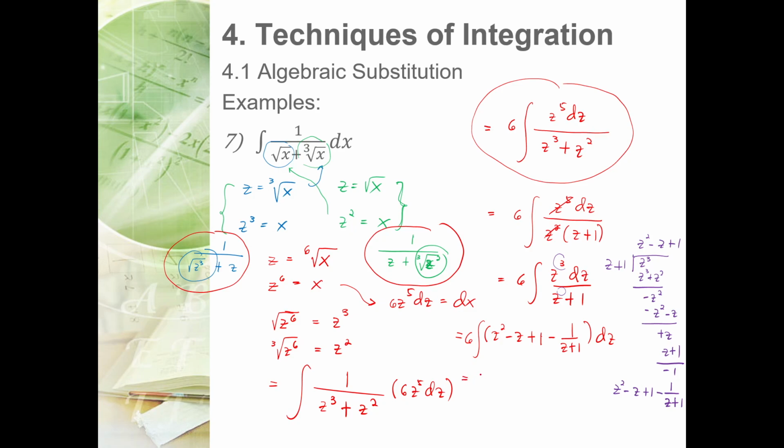So integrating, we have 6z cubed all over 3 minus 6z squared over 2 plus 6z minus 6 ln of z plus 1 plus c.